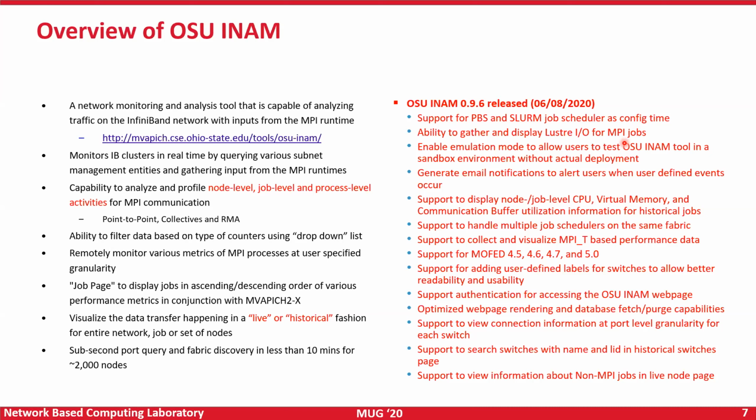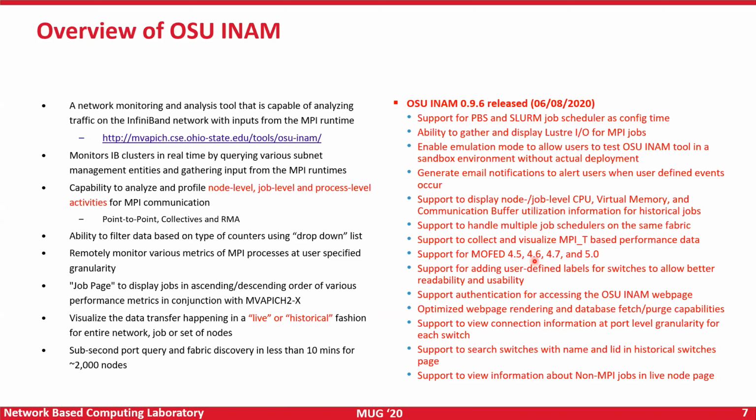your larger scale cluster. So again, we have support to collect and visualize MPI data based on the MPI tools information interface. We are compatible with different versions of MOFED, and we also have the ability to add user-defined labels for particular switches. If you look at a reasonably large cluster, you could have dozens or maybe hundreds of switches.